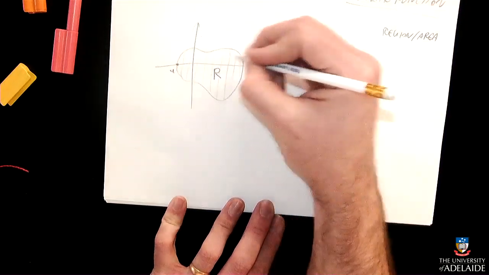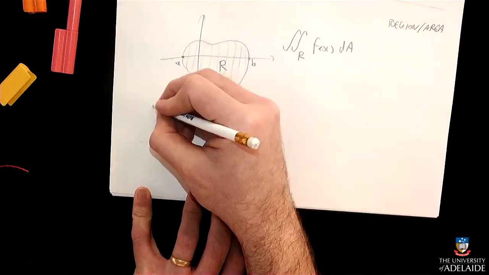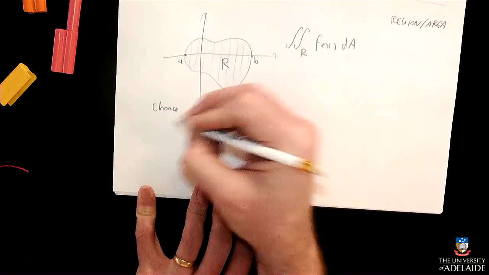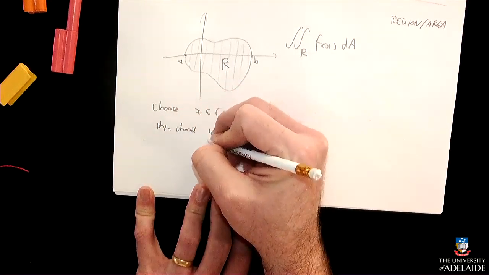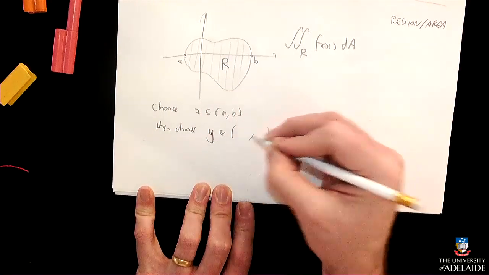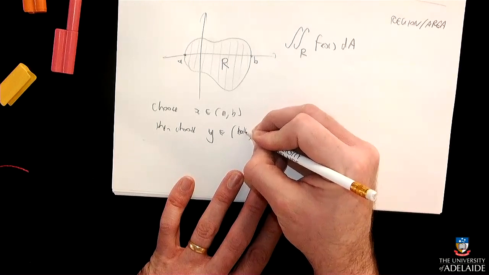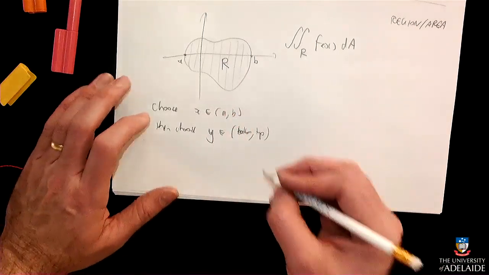So maybe this is this. And then I could say, well, choose x between a and b, and then choose y between the bottom and the top, and these change depending on which x I'm up to.